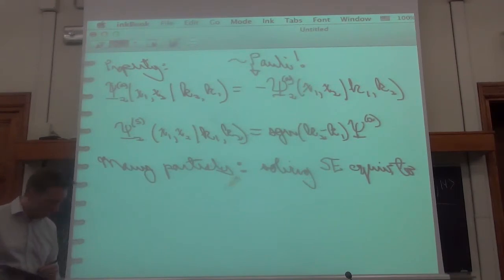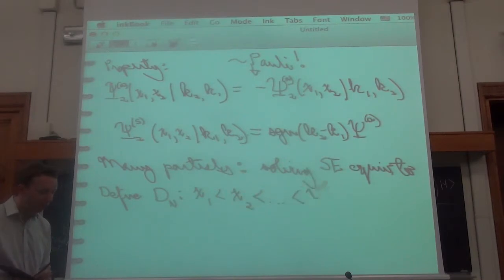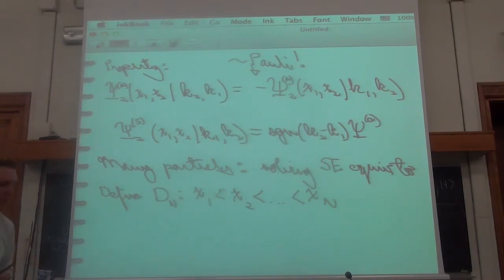So you would essentially define a Dn, which is just a domain where you order all the particles, like this, okay? And this would have boundaries at all slices where two of the coordinates coincide.